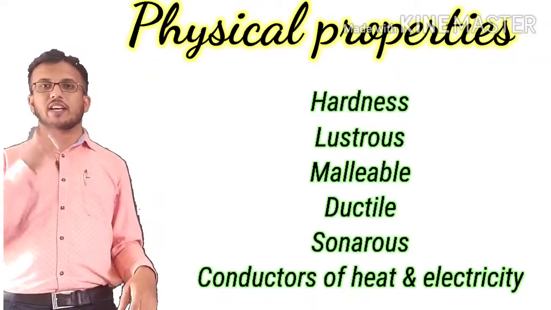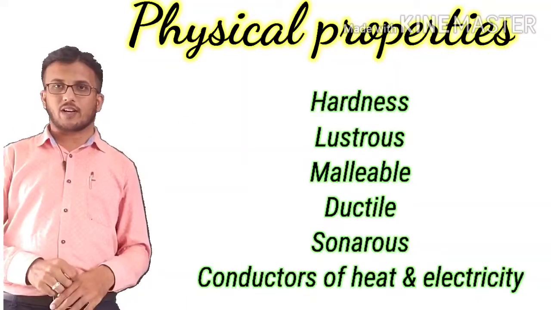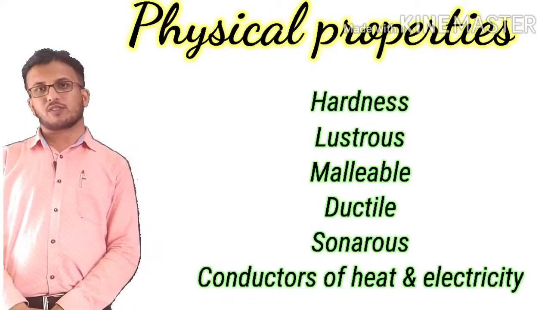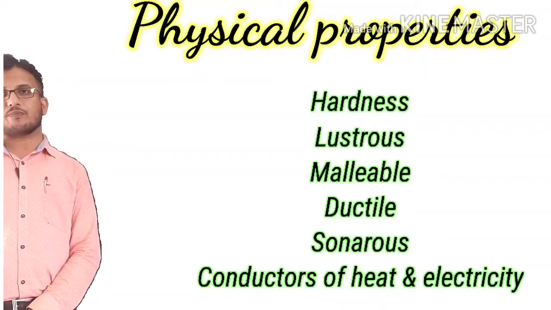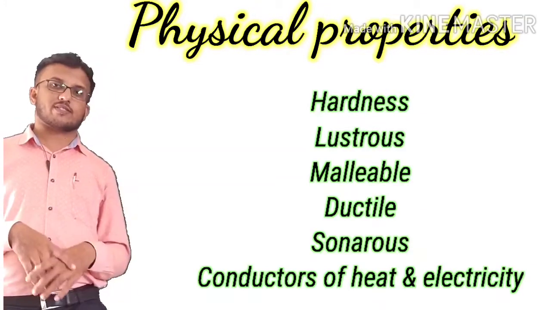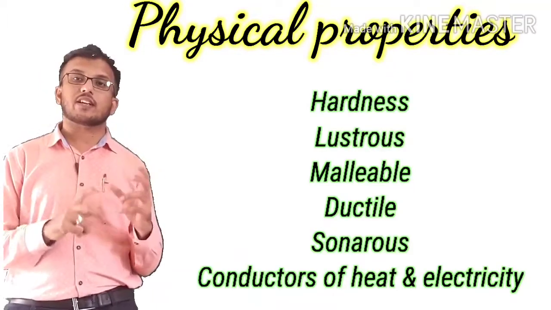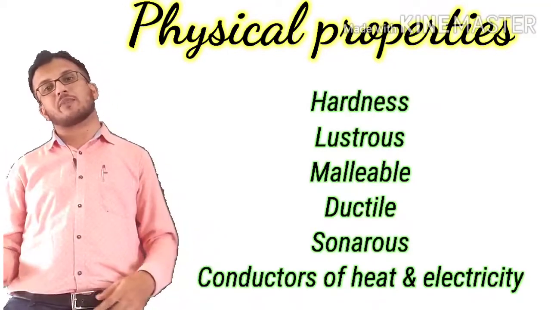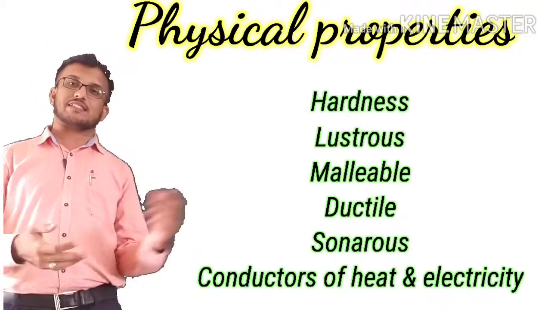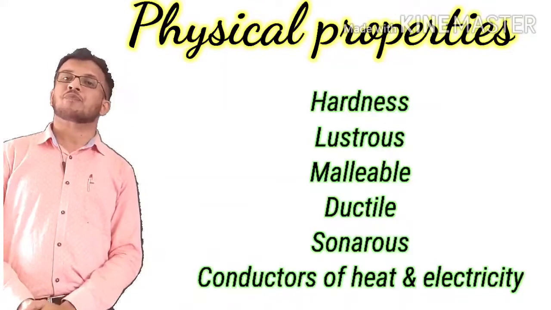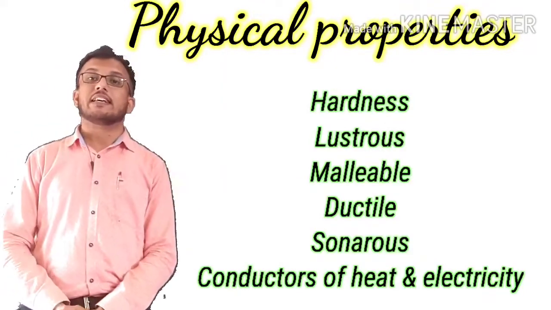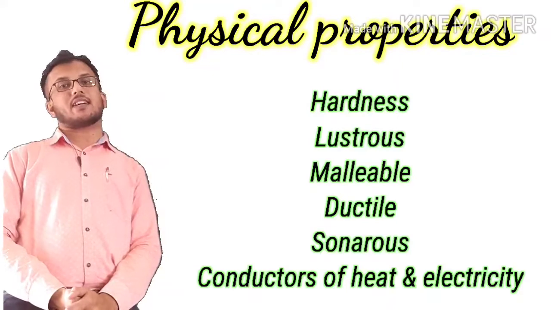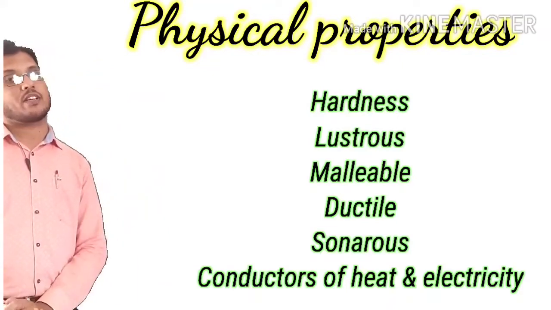When we continuously beat iron rods, we can hear the sound. So metals are sonorous, whereas non-metals are non-sonorous. They do not produce sound like metals. That's why non-metals are known as non-sonorous. This is another property.